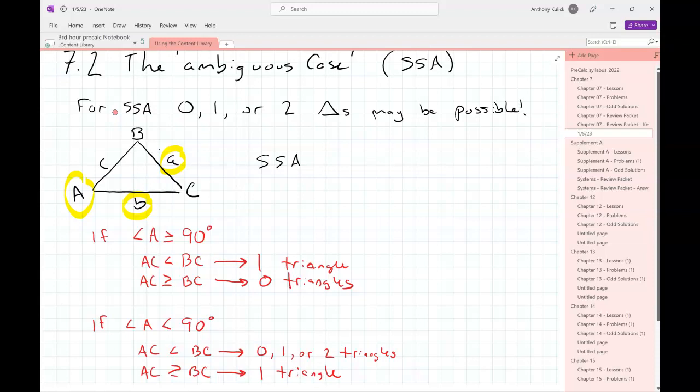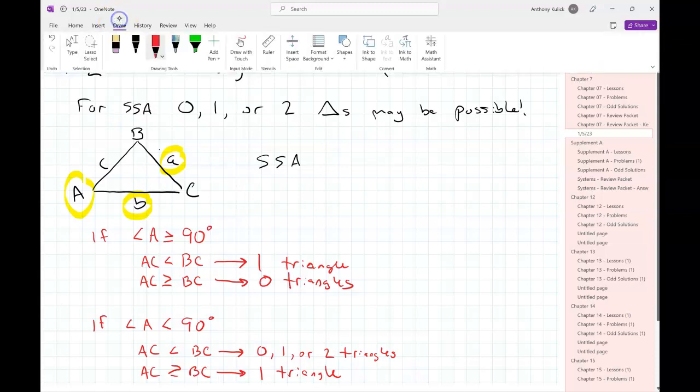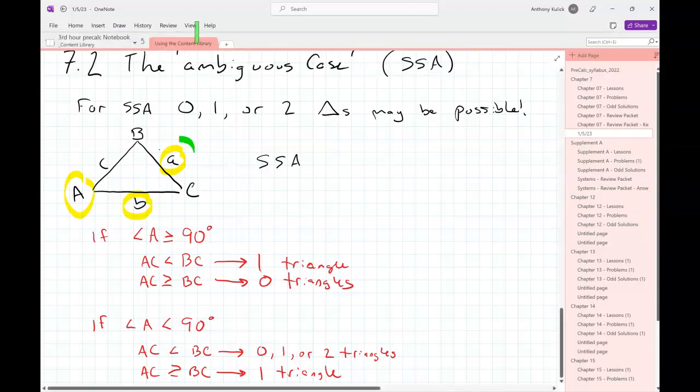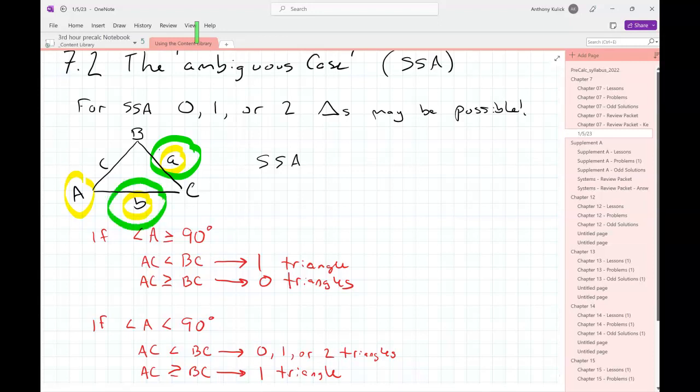So if you have an acute angle and the side opposite the acute angle is smaller or equal to the other side, everything is fine.